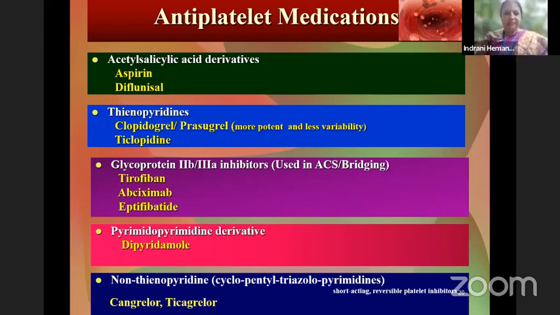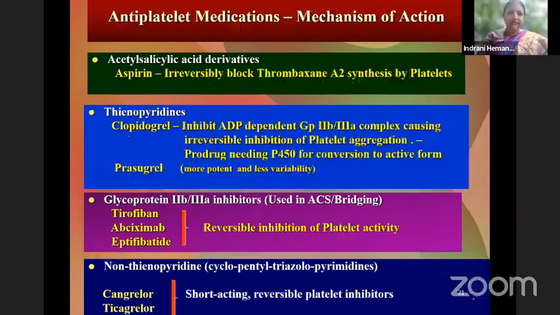And then we have dipyridamole and non-thienopyridines like cangrelor and ticagrelor. What is very useful about these patients, they are ultra short-acting drugs. No sooner you stop it, within 9 or 10 minutes, platelet activity starts again without any issue. So these are the wonder drugs which are now available.